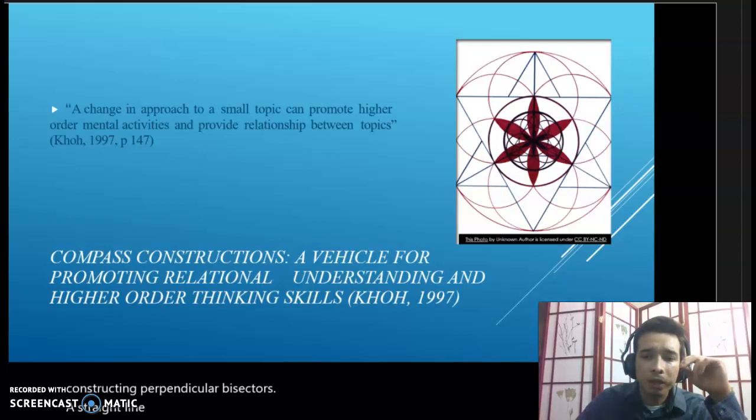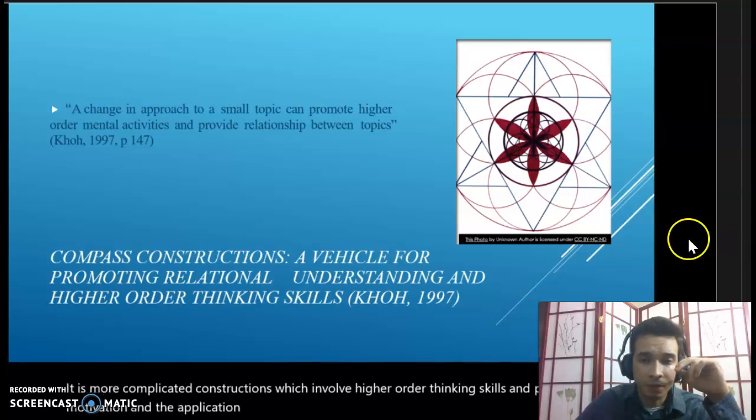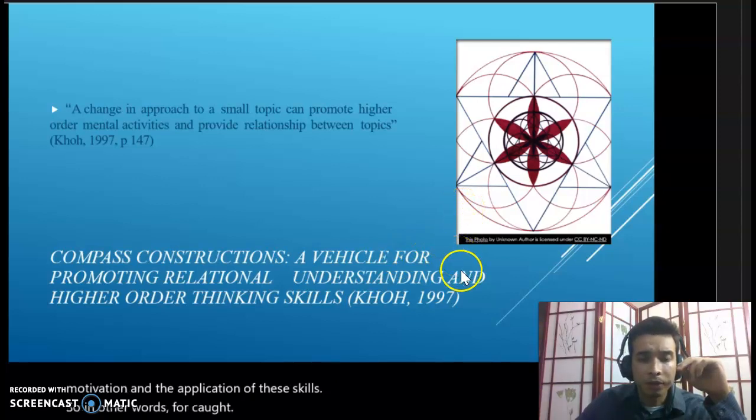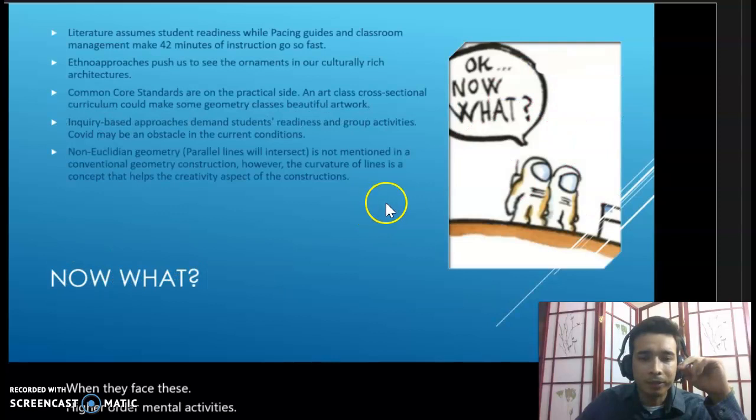However, it is more complicated constructions which involve higher order thinking skills and provide motivation and the application of these skills. So, in other words, for Koch, students develop a growth mindset when they face these higher order mental activities. All right. Now what?